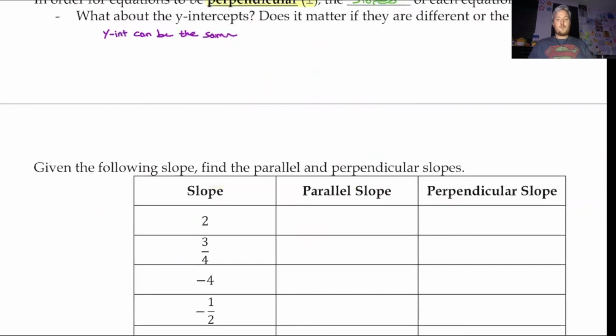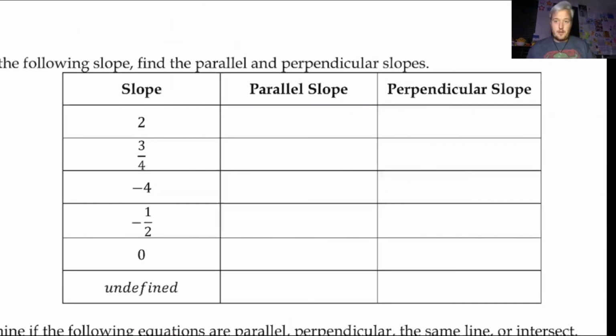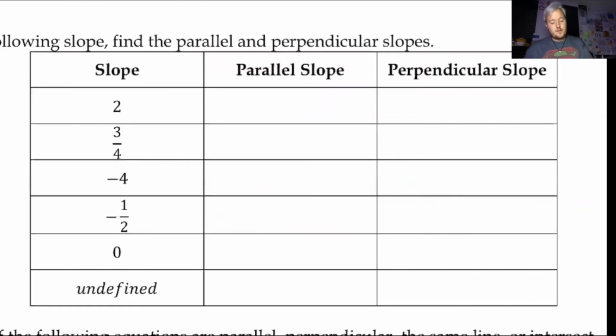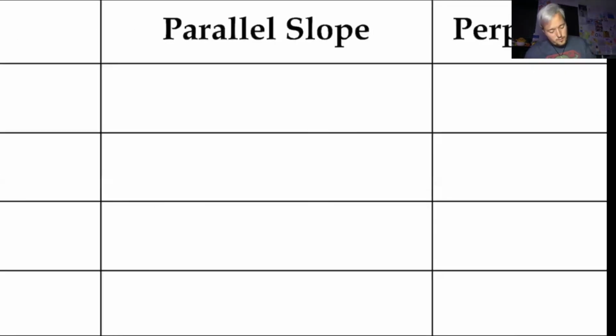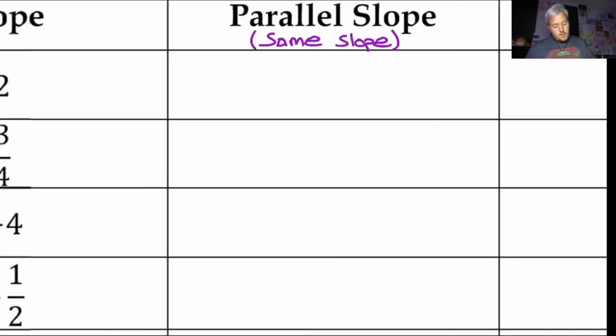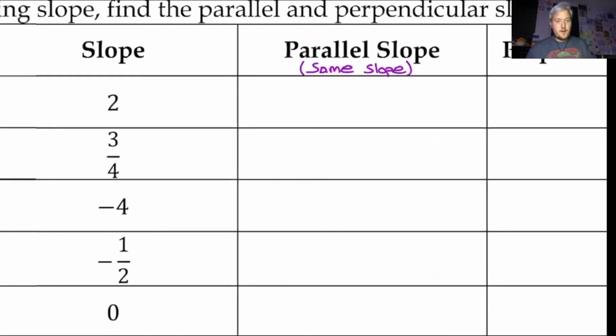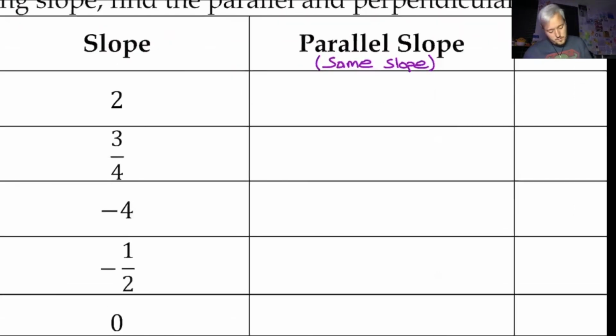All right, so we're just going to do some practice in determining what a parallel and perpendicular slope is. For parallel, it's always the same slope. So there's no change. What that means is if I have a slope of 2, a parallel slope is 2.